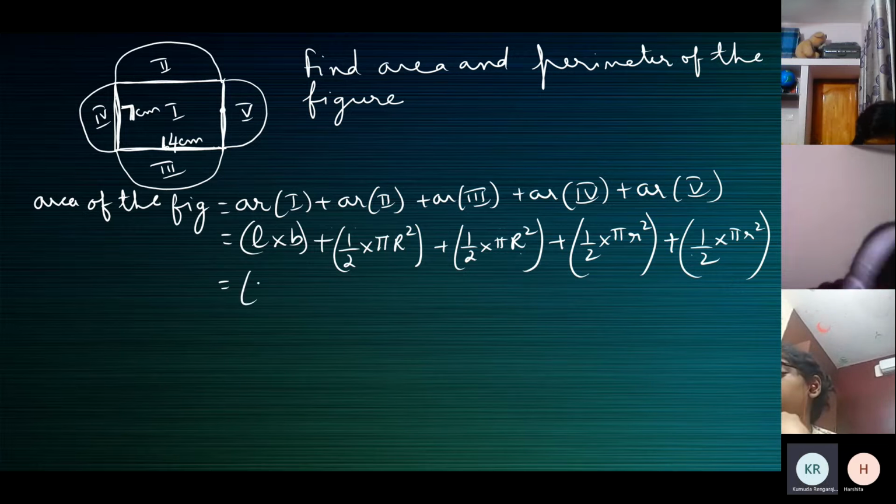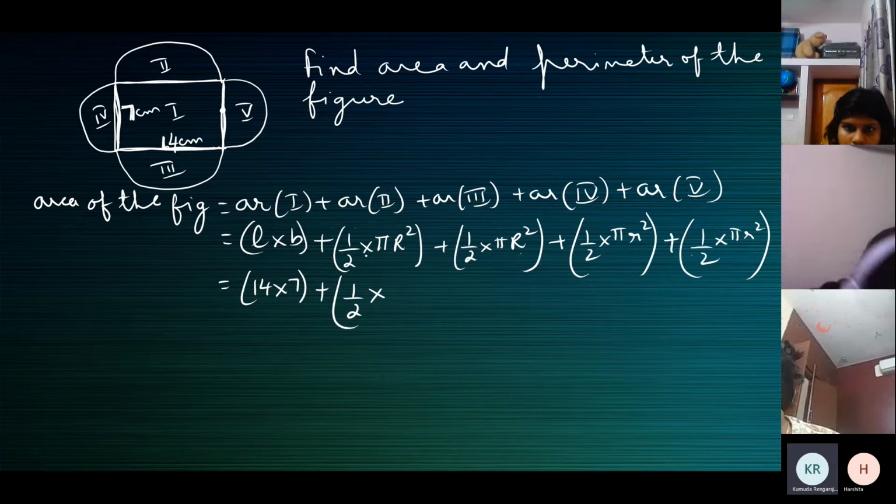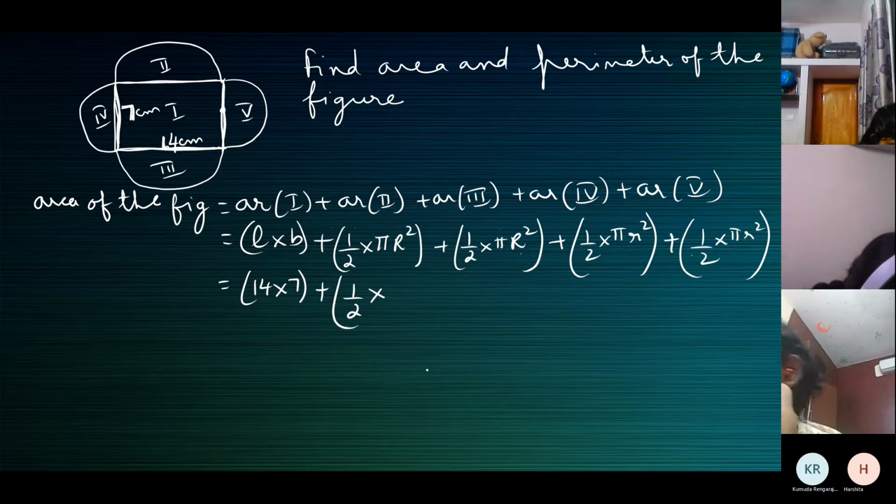Now L into B, 14 into 7 plus half into, you can add this half pi r square and half pi r square and write it as pi r square also. Half plus half is 1, right?